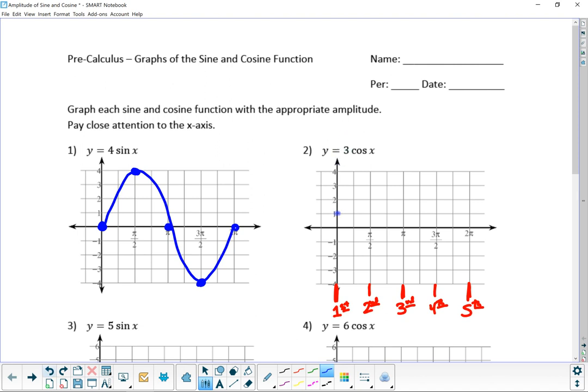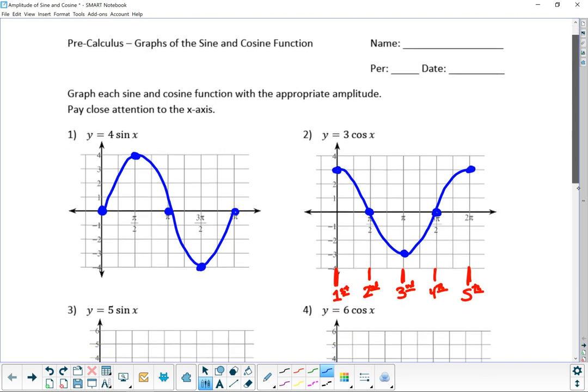So we're going to start at the top, which is going to be 3. So first marker top, second marker middle, third marker bottom, and normally we go -1, but in this case amplitude is 3. So the bottom is actually going to be -3. So third marker bottom, fourth marker middle, and fifth marker top again. So back to 3. So you're going to get something that looks like this. Try to make it round like that.